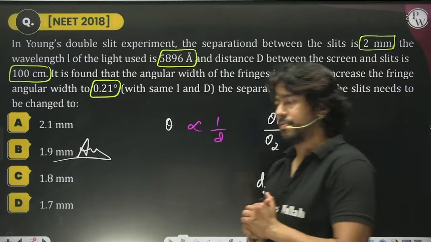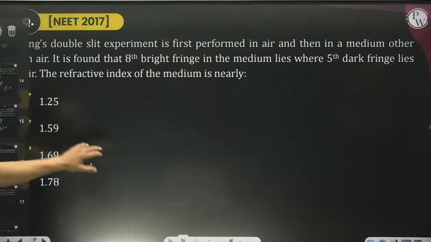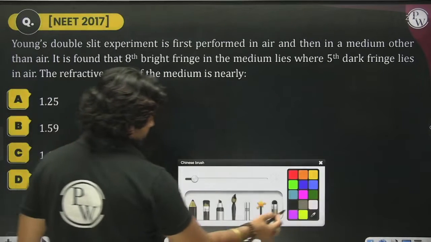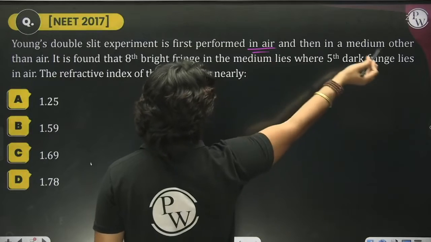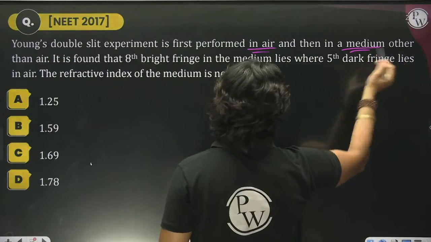Done with this? Okay. The next question coming in front of you is this. Have a look at the question. Young's double slit experiment is performed in air and then in a medium other than air.